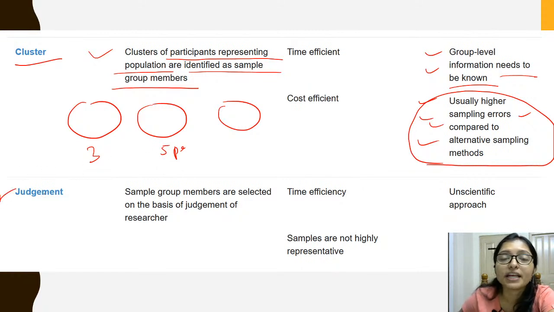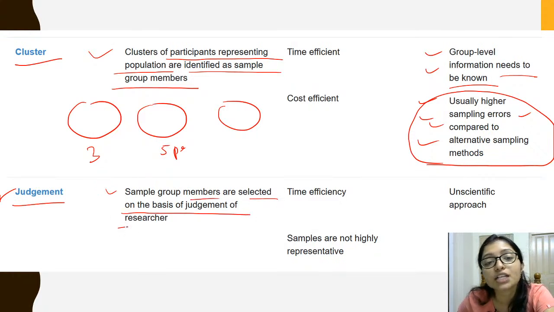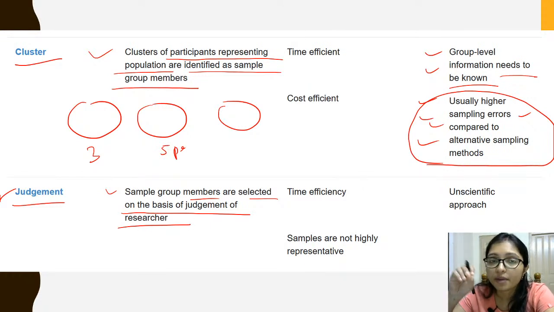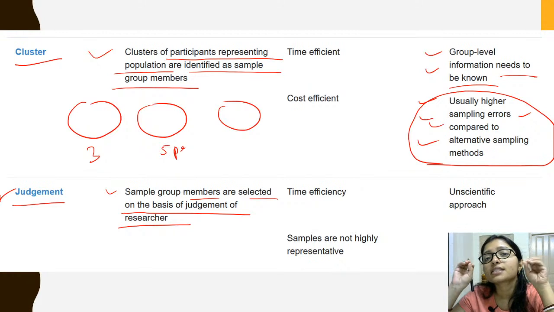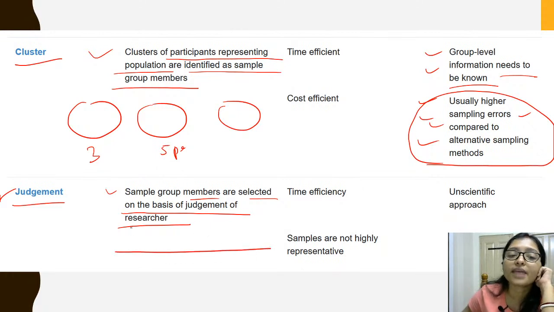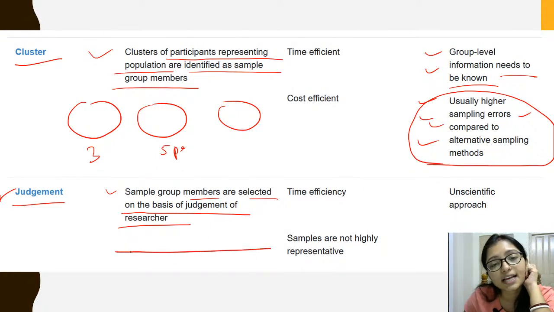Now judgment means what? Sample group members are selected on the basis of judgment of the researcher. Now here you are giving the judgment, means from the total sample, according to some specific judgment, you are selecting the person. There are 10 members, from those 10 members you are using your judgment.